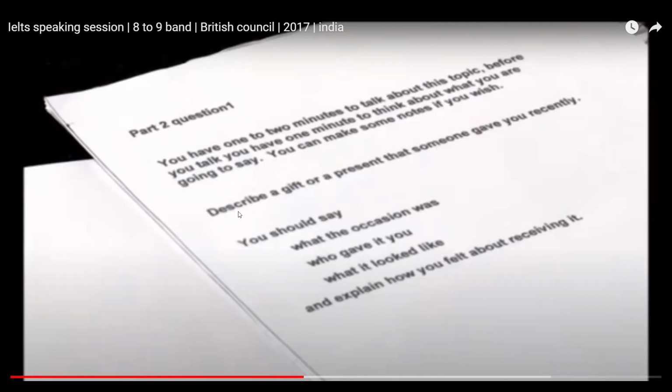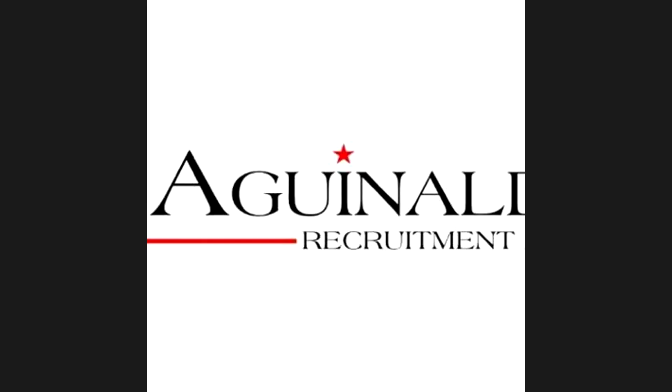Now, then it says, describe a gift or present that someone gave you recently. And it continues. You should say what the occasion was, who gave it to you, what it looked like, and explain how you felt about receiving it. It's exactly the way I have been sharing the topic with you all this afternoon. Let's go back to the last topic you worked on.